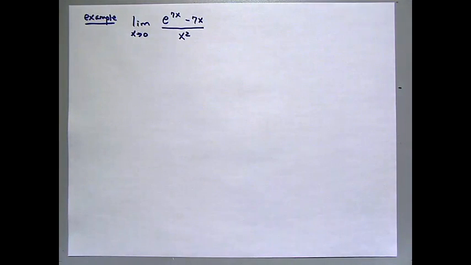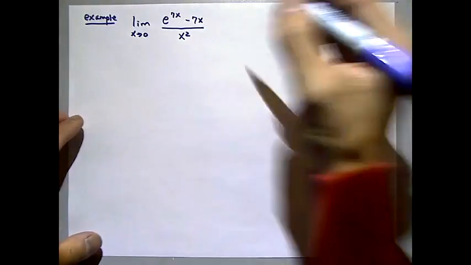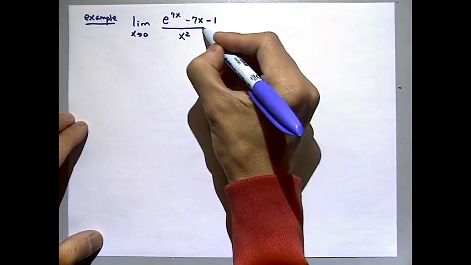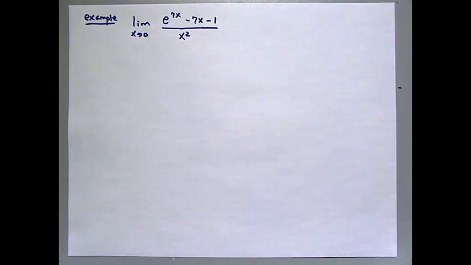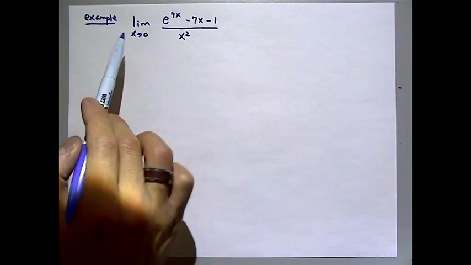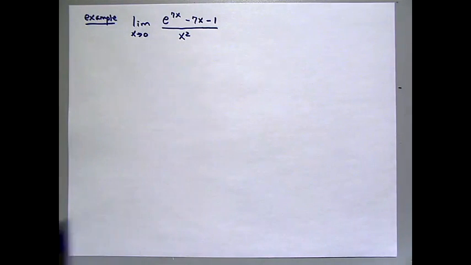Here we have e to the 7x minus 7x over x squared. And we want x to go to, sorry, missed something here, minus 1. Okay, e to the 7x minus 7x minus 1 over x squared. Again, check we have the right form before you do anything.